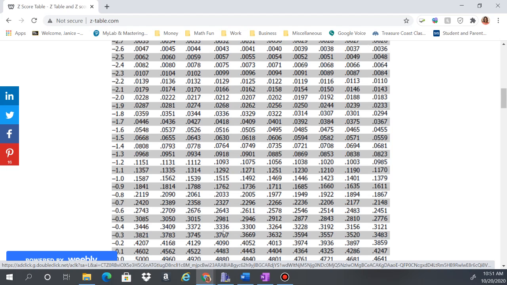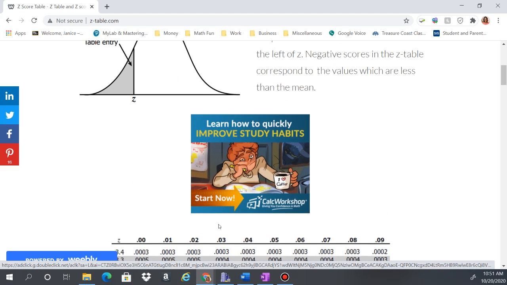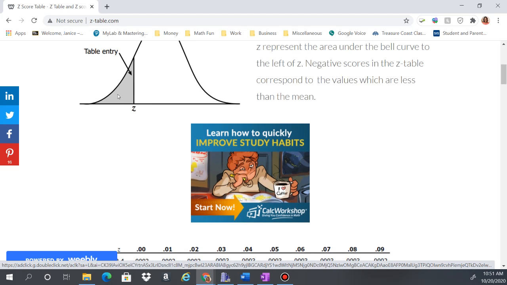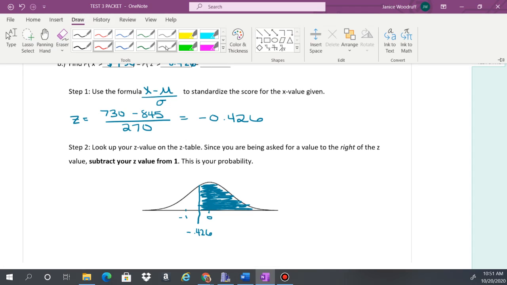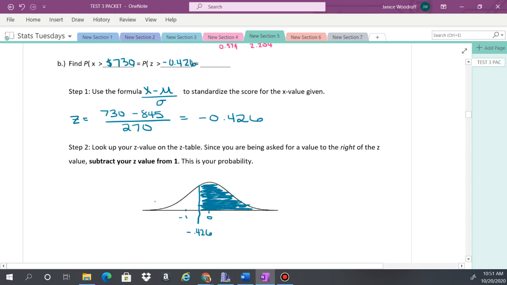Okay, so you get the answer 0.3336, but remember, in the z table, what they're giving you is the area to the left. Okay, so if I can visualize this, the 0.3336 actually represents this area of the curve.